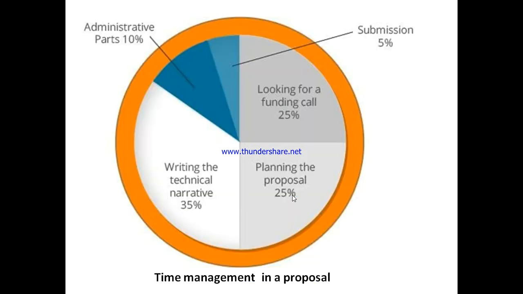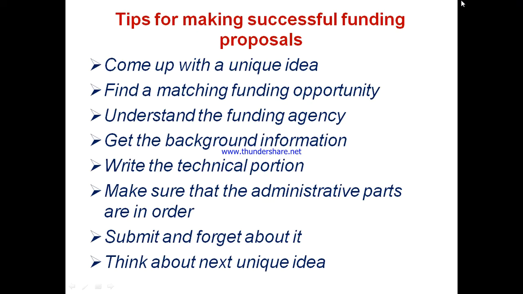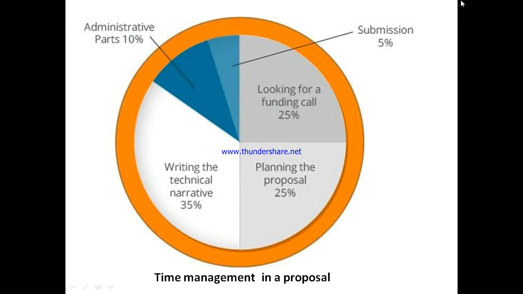Now you can see the time management when you are writing proposals. 25% and 25%, total 50%: 25% looking for the right side, looking for the funding cost, and planning for the proposal requires around 25%. The administrative part is approximately 10% of total work, and submission will take around 5%, right? So we have a different time budget.